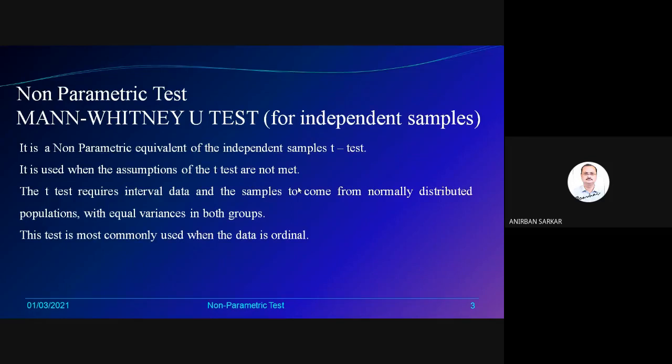In the pre-launch session we did hands-on on the independent t-test and paired t-test. Now we are going to do hands-on on the Mann-Whitney U test and the Wilcoxon signed rank test. So let us start with the Mann-Whitney U test first for independent samples.